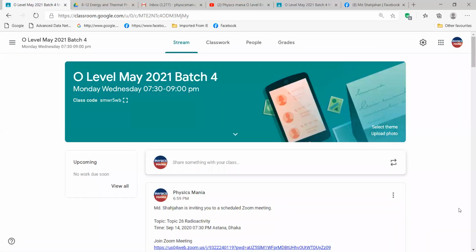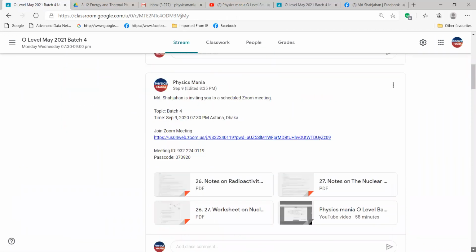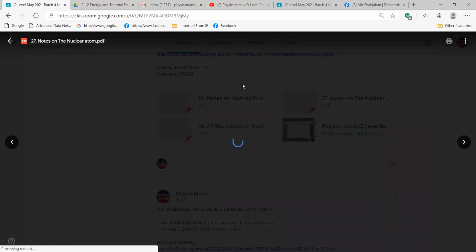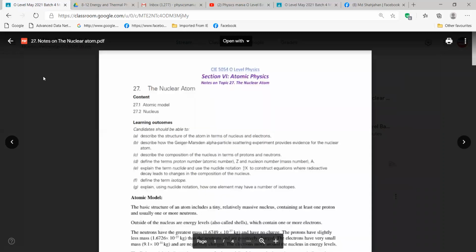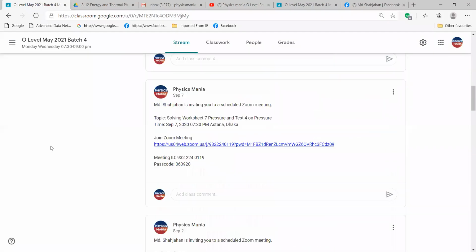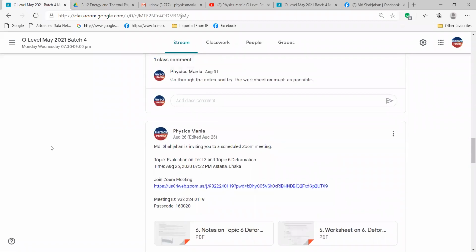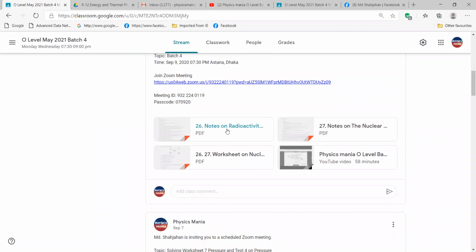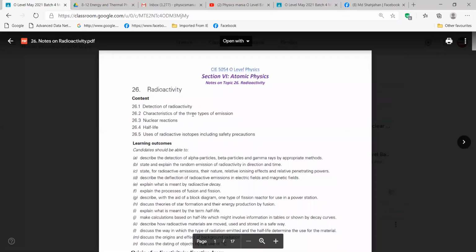Are you seeing your notes also, from your screen? Sir, currently I can't see anything. I'm saying you have the notes also, right, in Google Classroom? So from there you can also open and check.